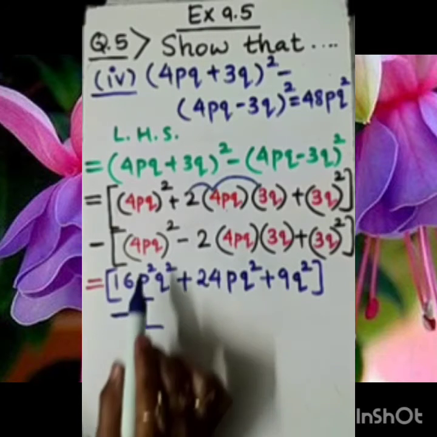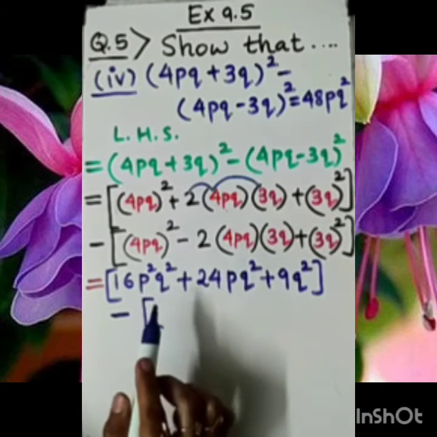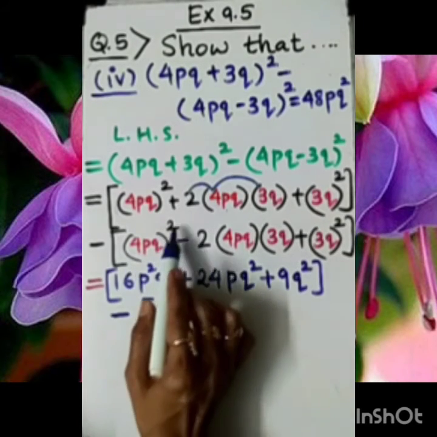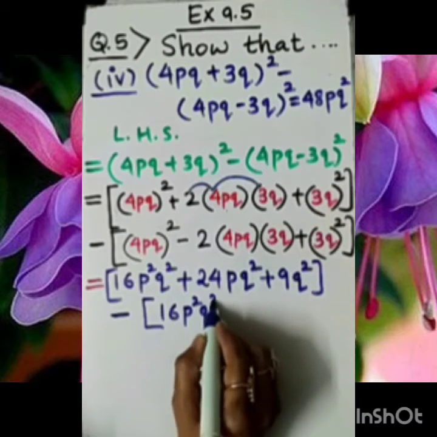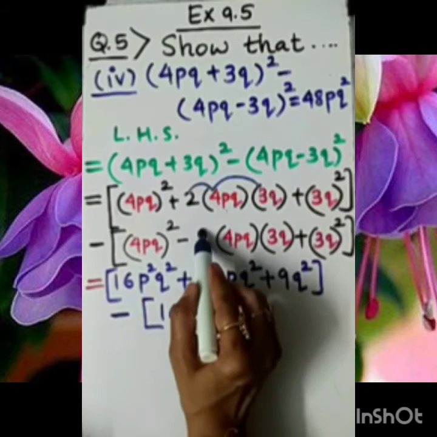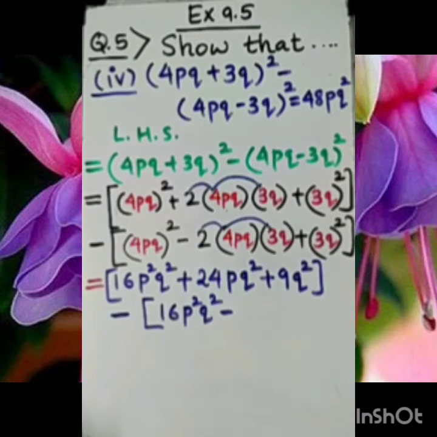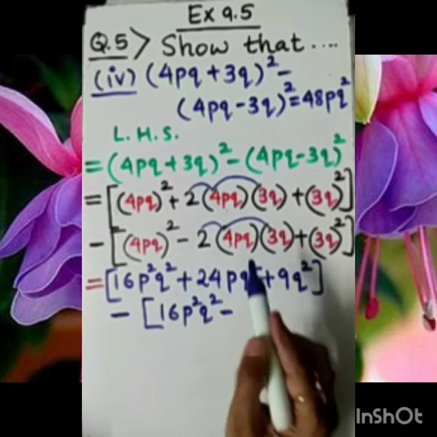Clear to you? Now let's again work out the square of 4pq. As we already know, the square of 4pq will be 16 p square q square, the square of both of the variables also. Minus. Now let's multiply these three terms because they are connected with a product sign. So 2 4s are 8, 8 3s are 24.